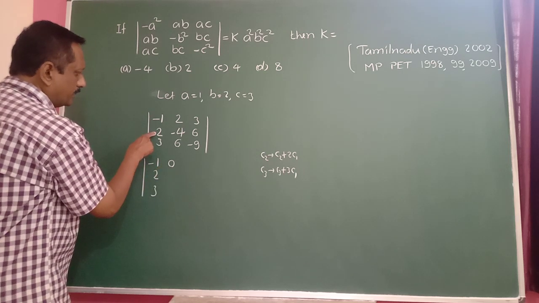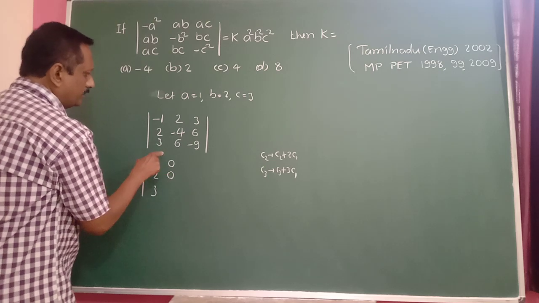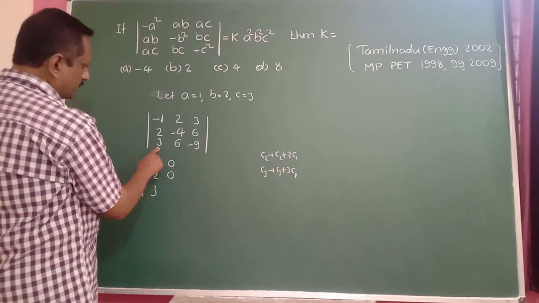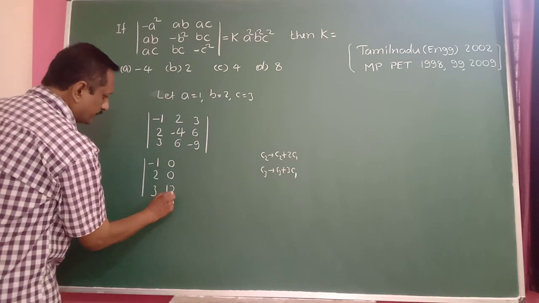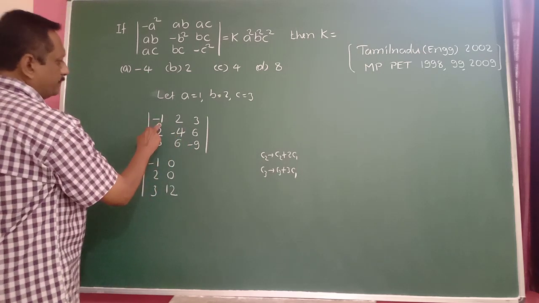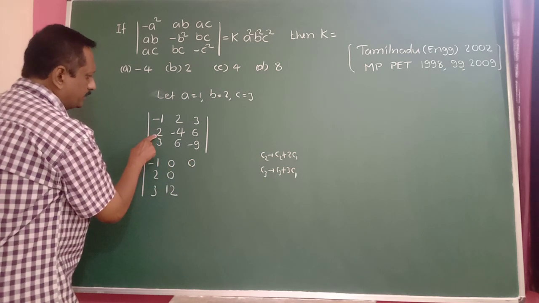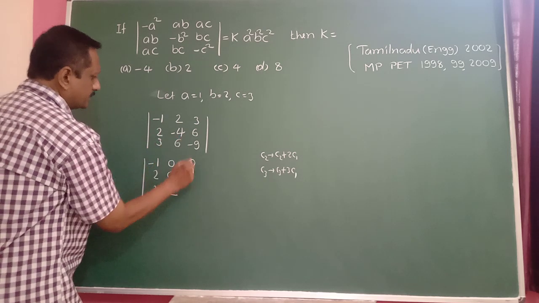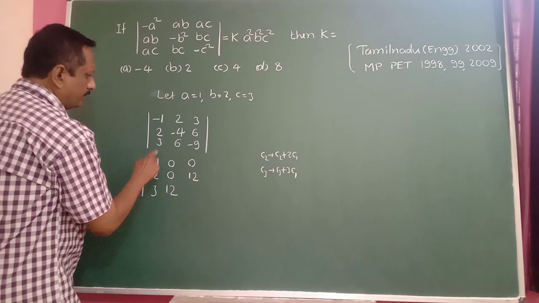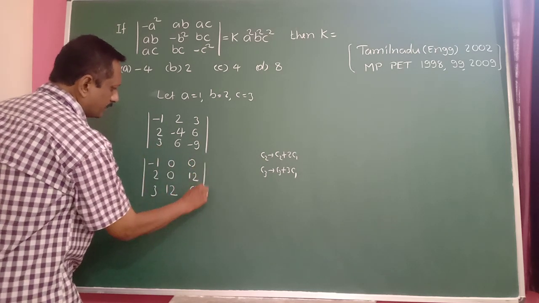Then multiply 2, 2 twos are 4, minus 4 plus 4 becomes 0. Then multiply 2, then 6 plus 6 becomes 12. Multiply 3 and add to this one. Minus 3 plus 3 becomes 0. Then 3 twos are 6, 6 plus 6 becomes 12 here. Multiply 3, 3 threes are 9, minus 9 becomes 0.